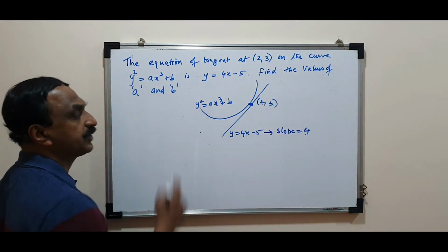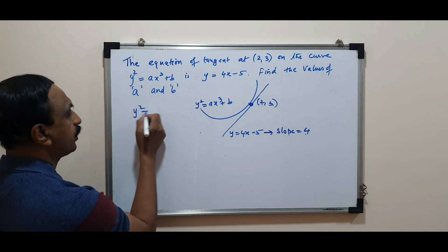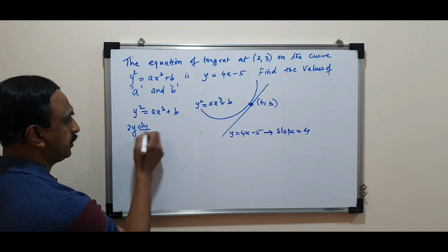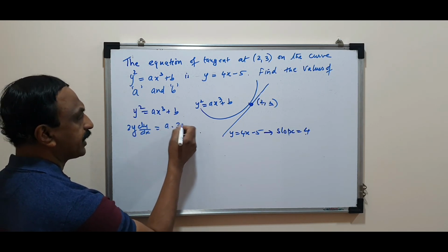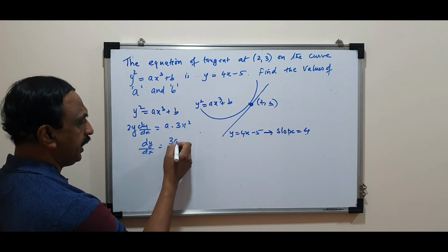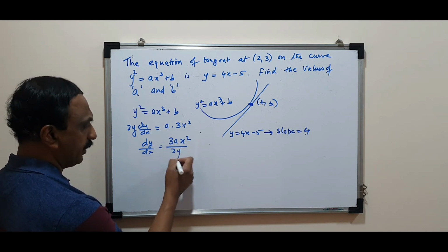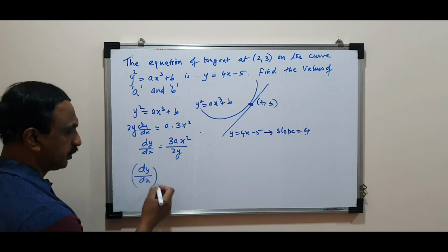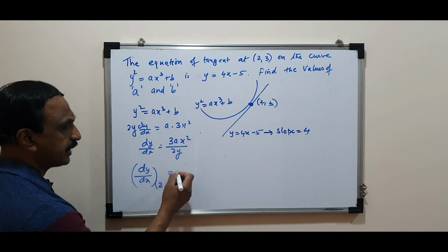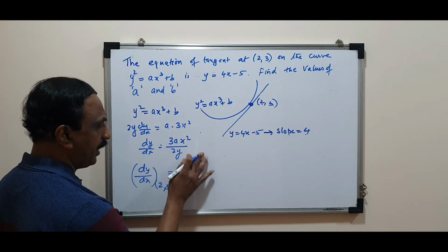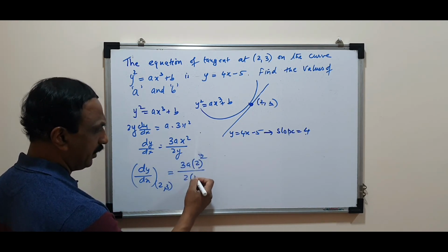So let me start with the first derivative. y square equal to ax cube plus b. 2y dy by dx is a into 3x square. So from here dy by dx is 3ax square upon 2y. So dy by dx at the point 2, 3, which means I need to replace x by 2 and y by 3.